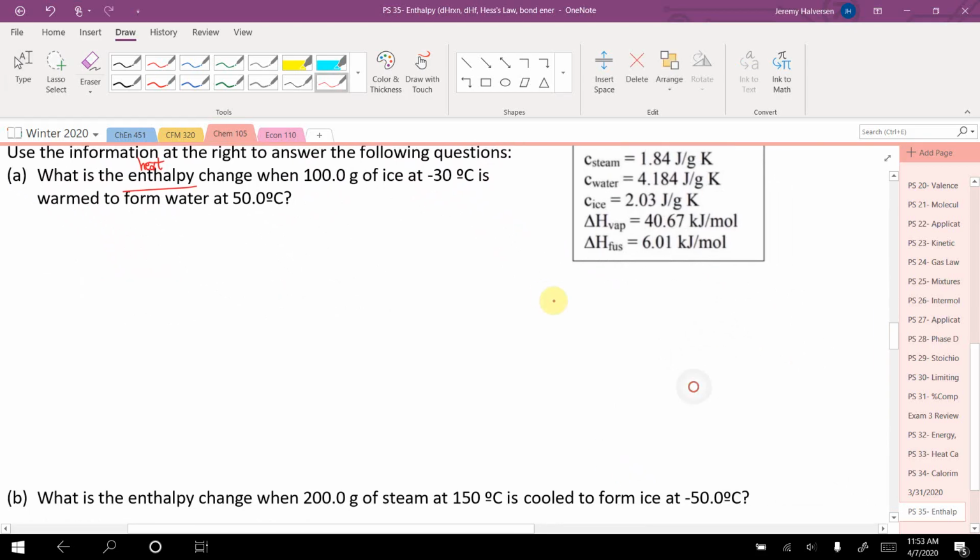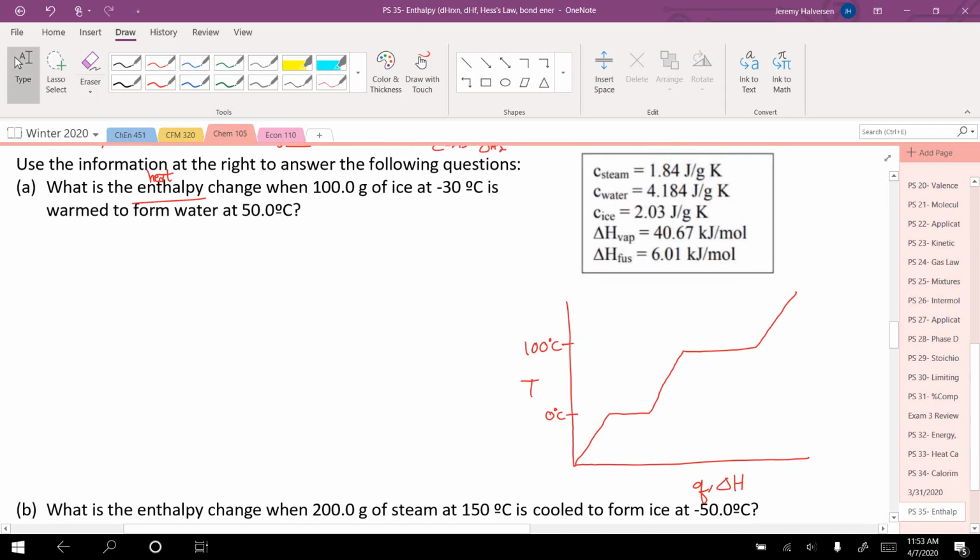Okay, so I'm going to draw our little heat curve to see where we're going on this. So we've got temperature on the left, we have heat on the bottom. We could also have delta H on the bottom, right? This is 0 degrees Celsius for water. This is the boiling point at 100 degrees Celsius. We've got 100 grams of ice starting at negative 30.